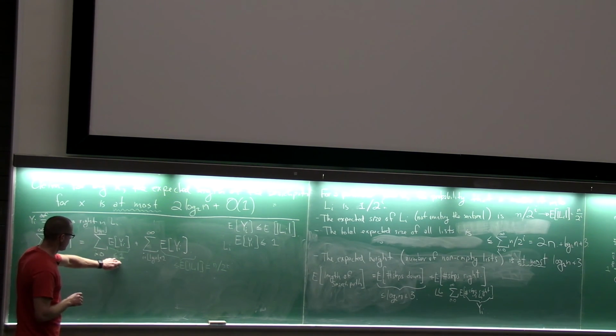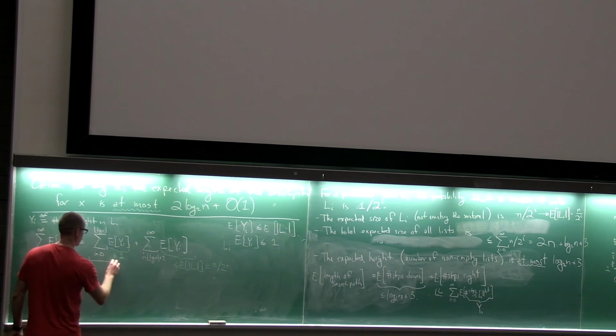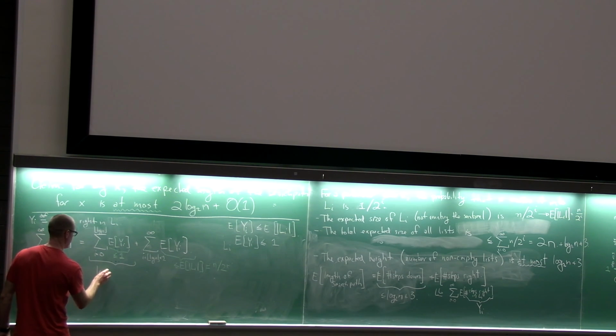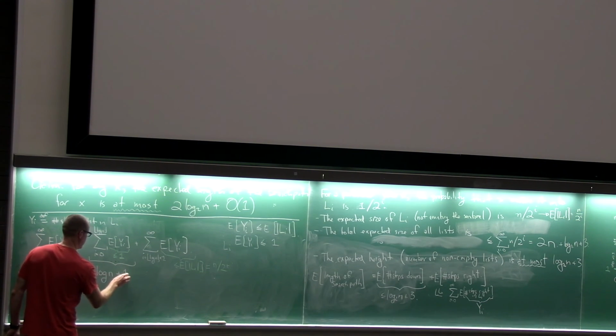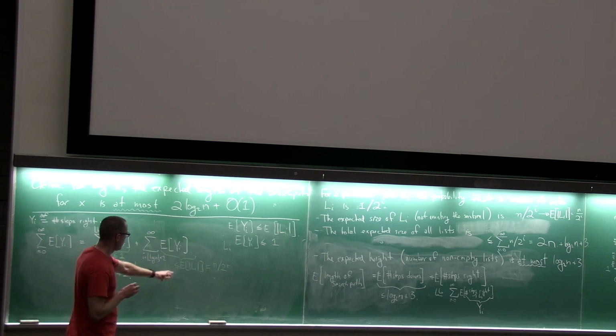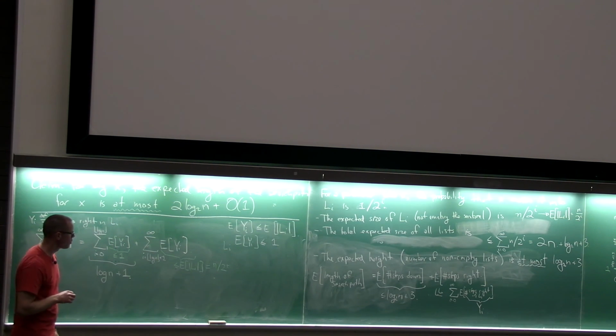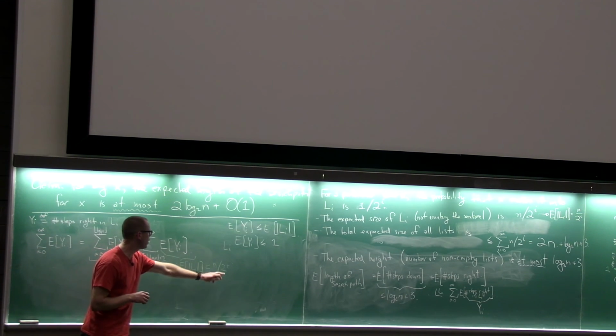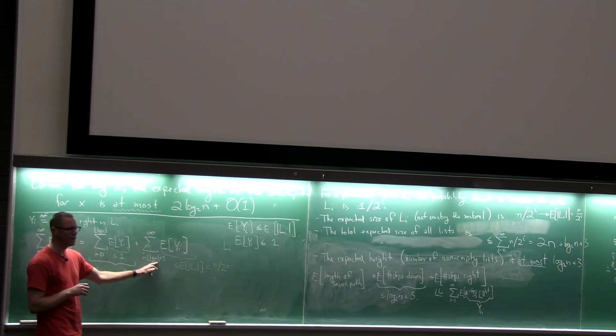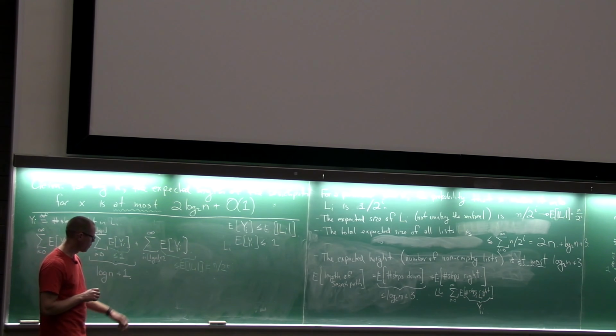So here's a whole bunch of 1s. Number of these things is log n plus 1. And here's another sequence that starts with something that's smaller than 1, same as before. So n over 2 to the i, when i is at least log n, is at most 1.